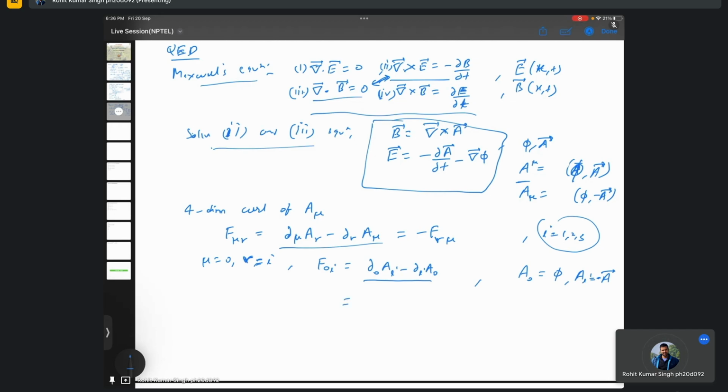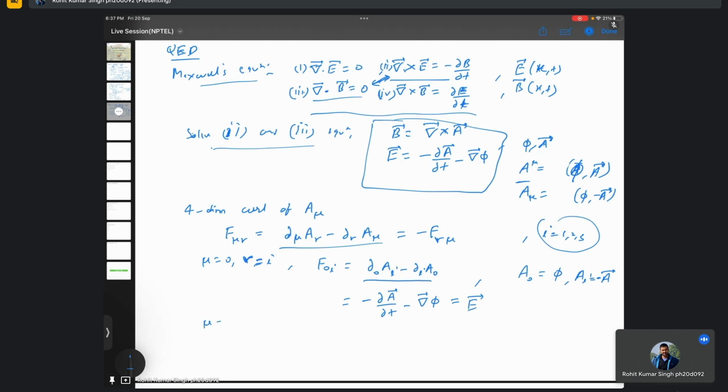That is, you have minus del A by del t minus gradient of phi, and this is your electric field, right?